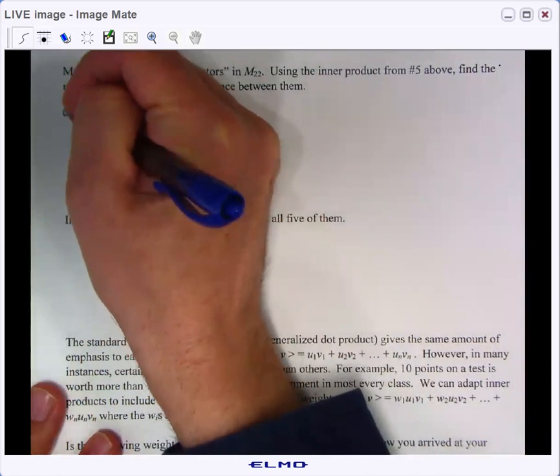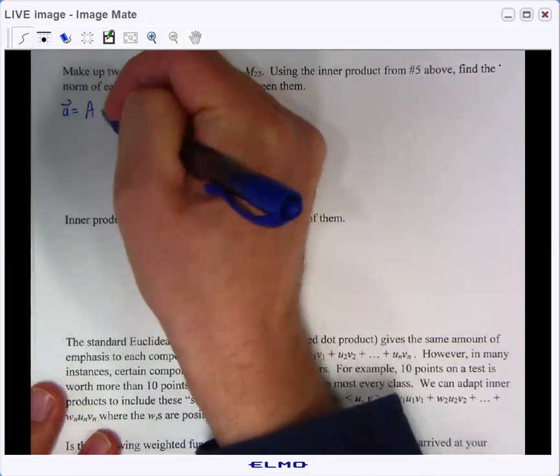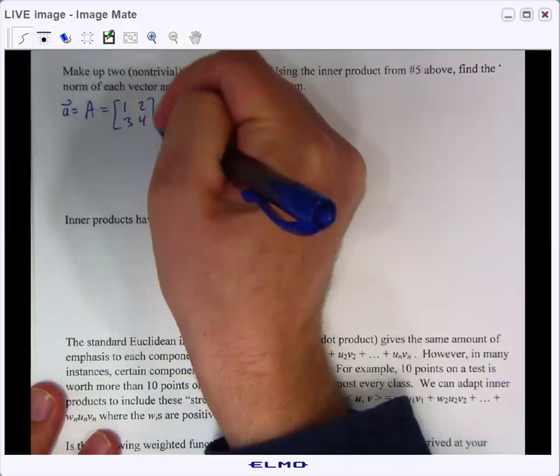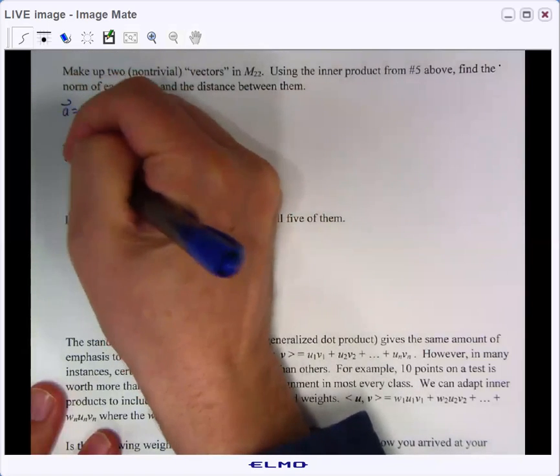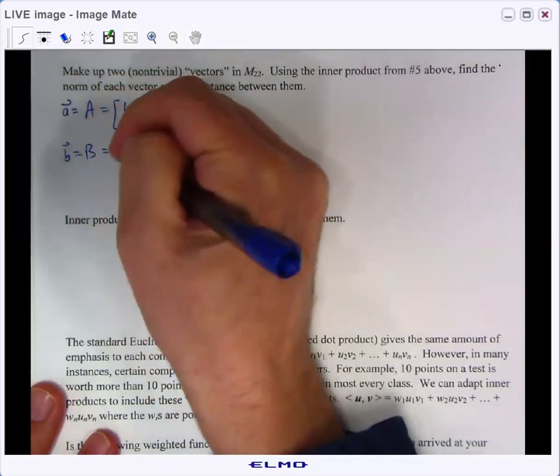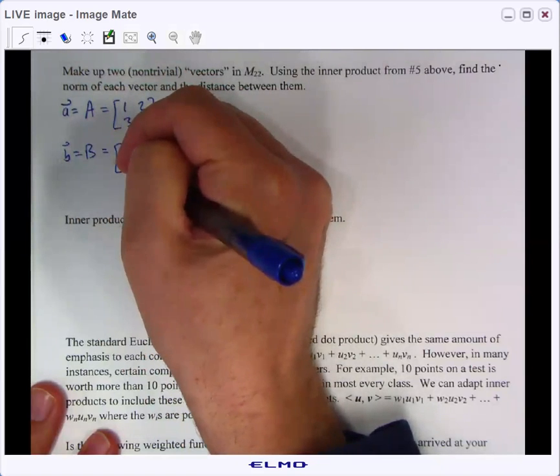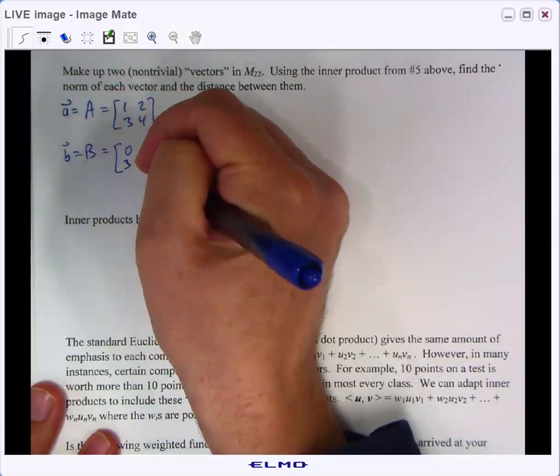So I'm going to let vector A be matrix A with 1, 2, 3, 4, and let's put in some other numbers for B: 0, -1, 3, and 5.